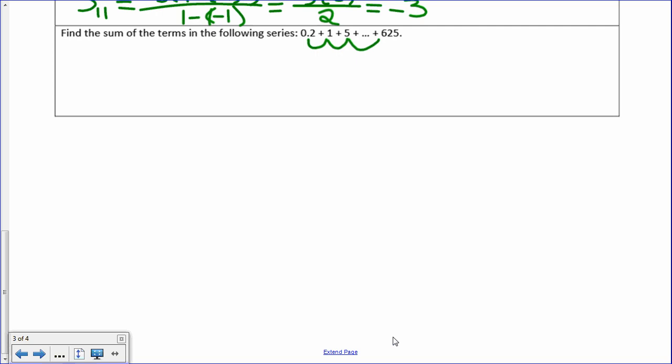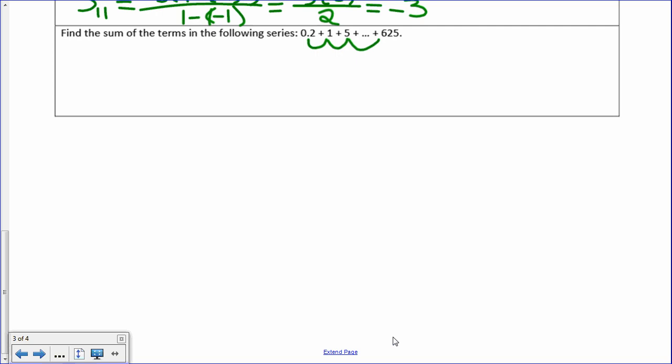But remember, I was just saying it's geometric. This is the divided by 5. But this is the arithmetic formula.